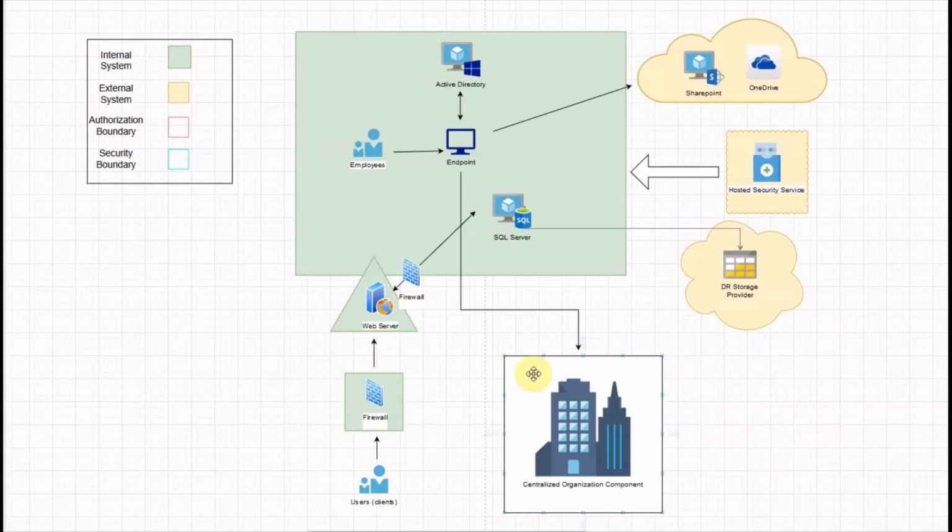Now, lastly, we have this centralized organization component, which we're going to kind of use as a talking point throughout this series. Now, the first reaction might be that, well, if it's part of the organization that this information system is utilized by, that must be internal to the information system. But it's not always that simple. Maybe this organization won a contract with a federal agency to host an application for them.